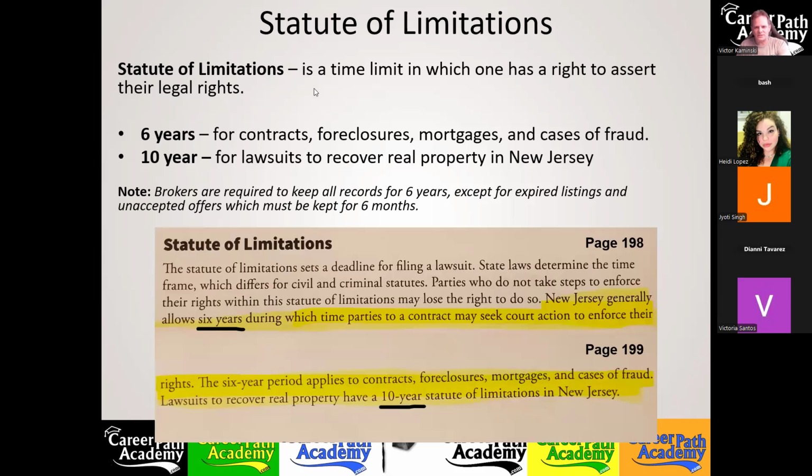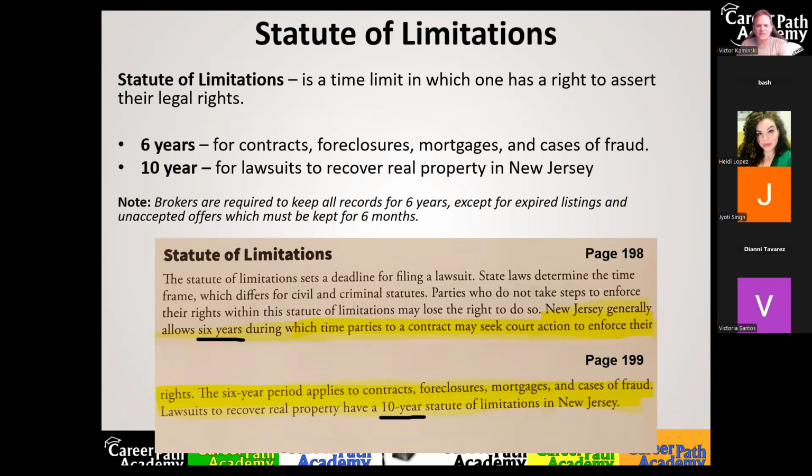Statute of limitations is a time limit in which one has a right to assert their legal rights. That's what a statute of limitations is in the law.